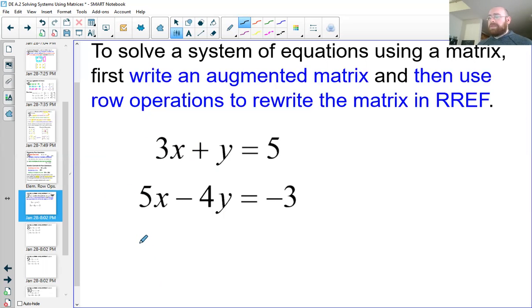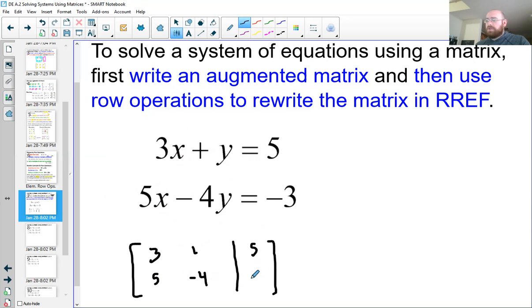So our augmented matrix is always the coefficients of our variables, a vertical line to represent the equal sign, and then the constant terms. So reading across, we have 3, 1, 5, and 5, -4, -3.